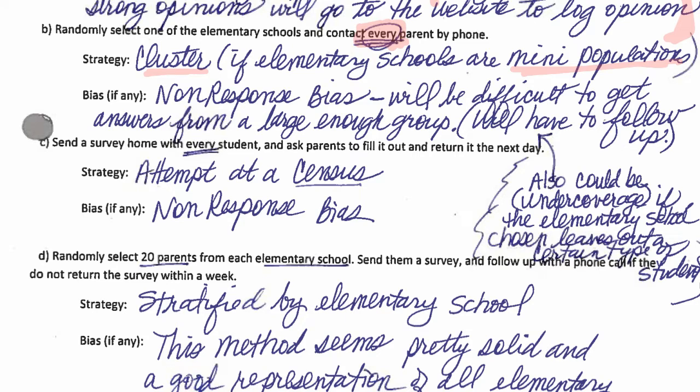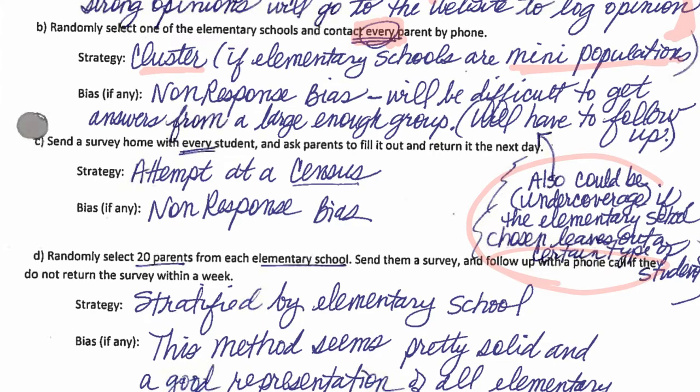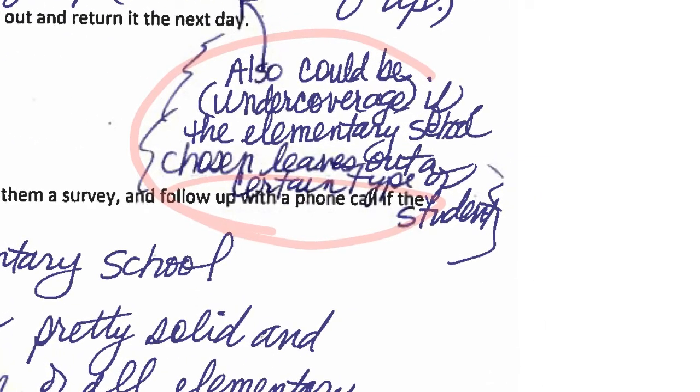Furthermore, I like this explanation of why I think it's a bad method better than what I had written up there first. See, look. Because I think having just one elementary school is an unrepresentative cluster, that it's leaving out certain types of students. That's under coverage.